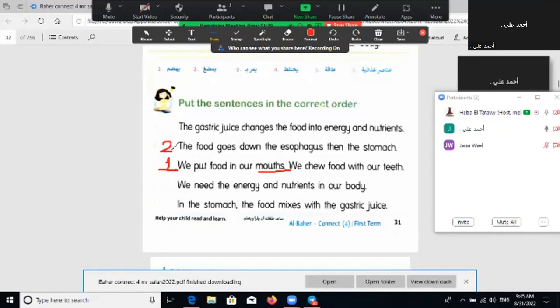The gastric juice changes food into energy and nutrients. No. This is not number 3. Yes, in the stomach, the food mixes with the gastric juice. Yes, Jana.